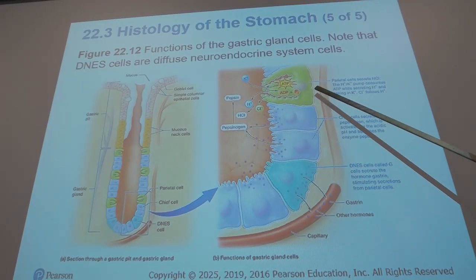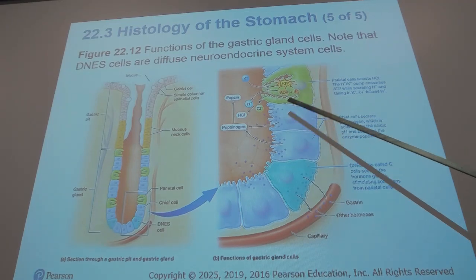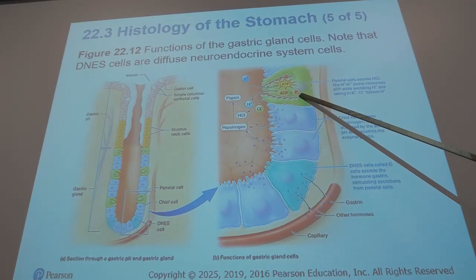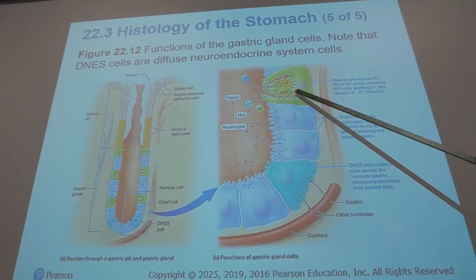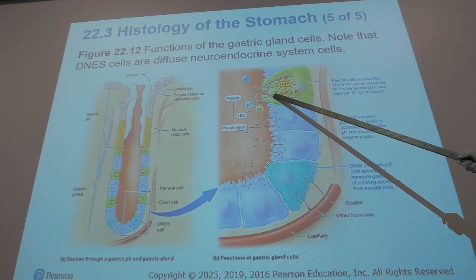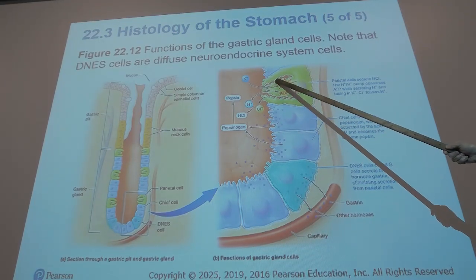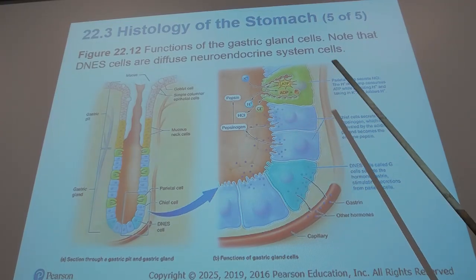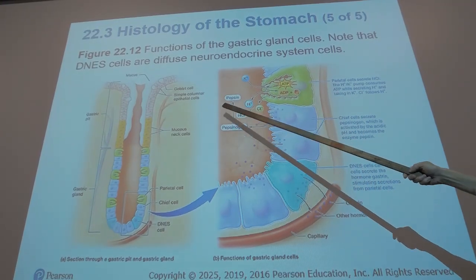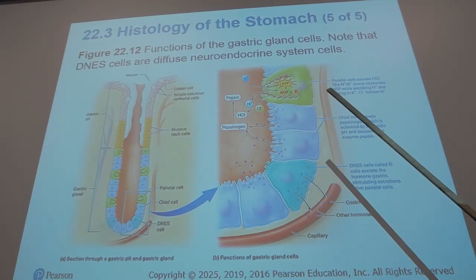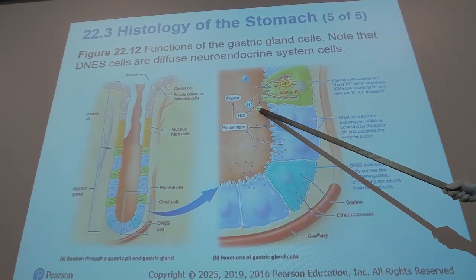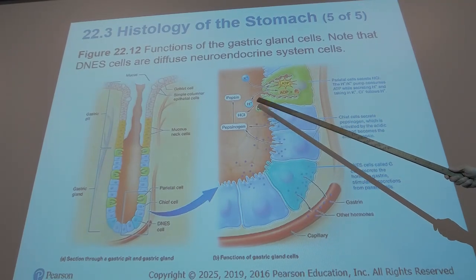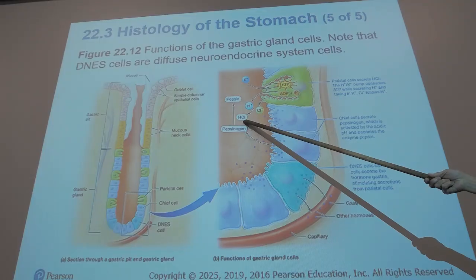And then for the parietal cells, these cells in here, they secrete hydrochloric acid. And then we have within this region a potassium hydrogen pump that uses ATP that helps to bring hydrogen ions into the lumen of this gland so that you can combine these hydrogen ions with chloride that diffuses across these cells to form HCl or hydrochloric acid.